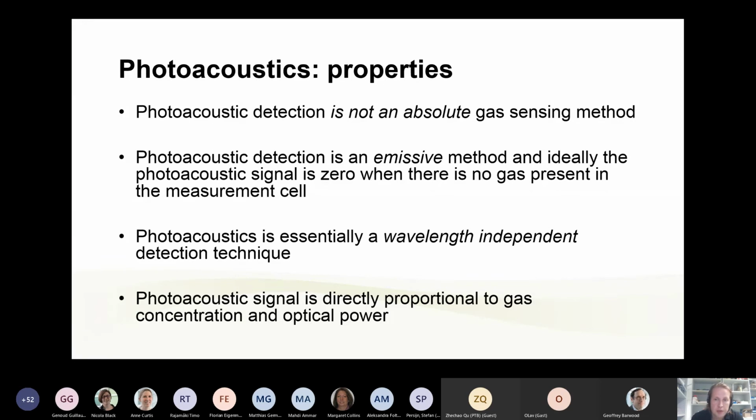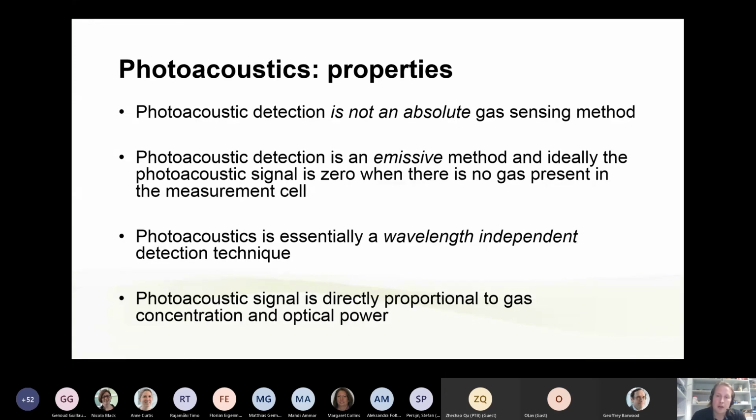Photoacoustics is also an emissive method, which is often quite a beneficial feature in gas sensing, especially when measuring low concentrations of gases. On the other hand, a photoacoustic signal is generated, for example, when the amplitude modulated light hits the interior walls of the photoacoustic cell, or the windows, which will also generate a signal.